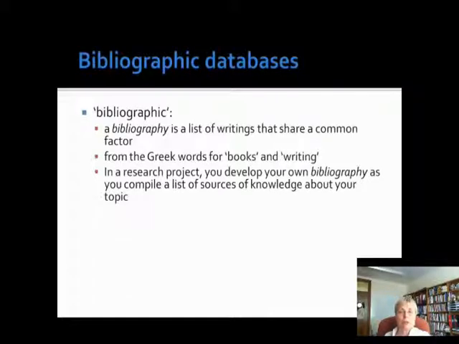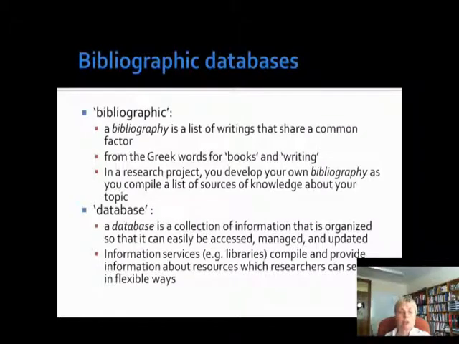A bibliography is a general list of books and items, other items, journal articles and so on that are relevant. A reference list are the ones you've actually used. And a database is a collection of things that you can sort in different ways.